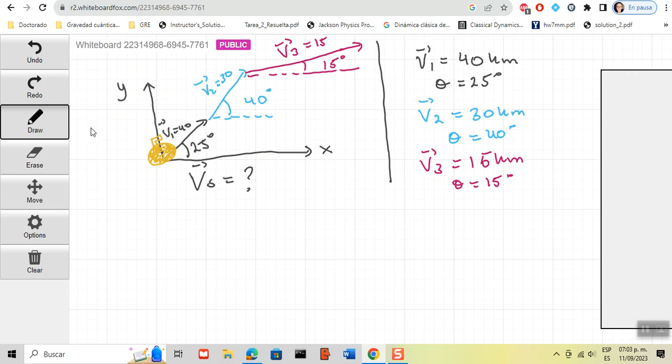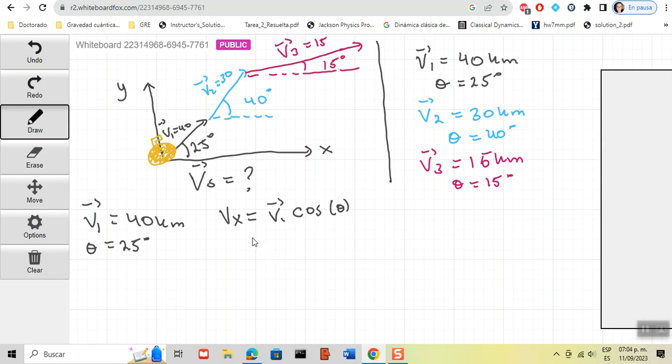So let's start with vector 1, which is 40 kilometers and the angle is 25 degrees. We're going to use the formulas that we already discovered from the last class. The component in x is going to be equal to the length of the vector times cosine of theta, of the angle.